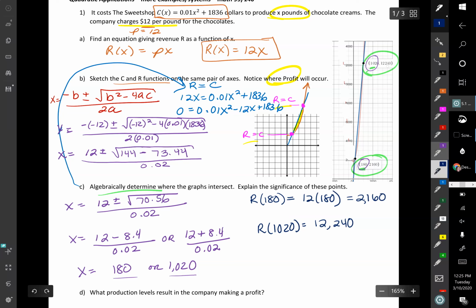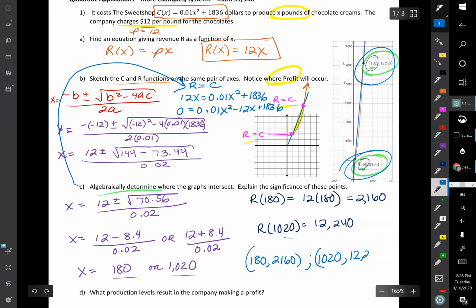And then you would write them as a point. So we would have 180, 2,160. That's this point up here. Down here. And then the other point is going to be 1020, comma, 12,240.